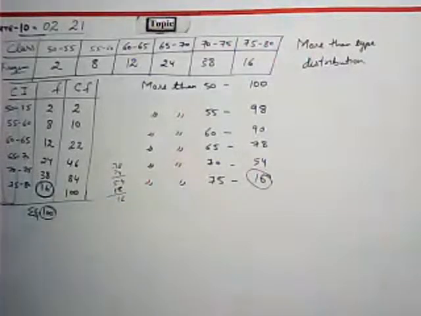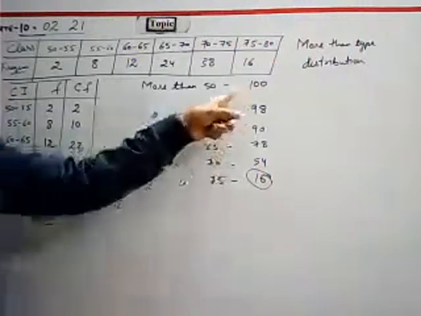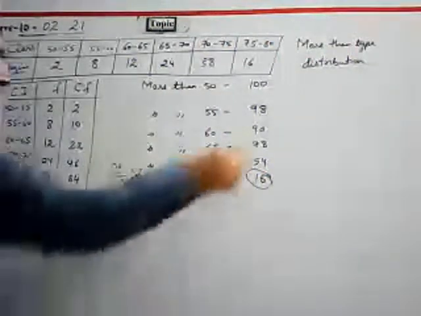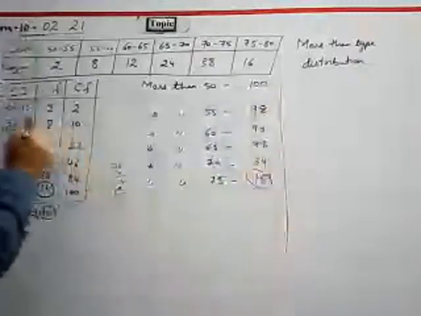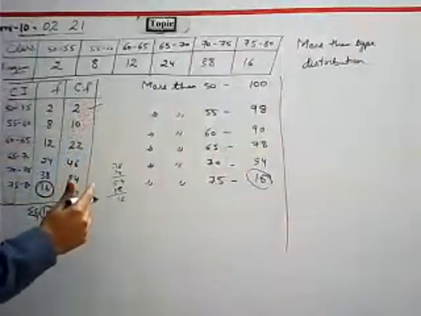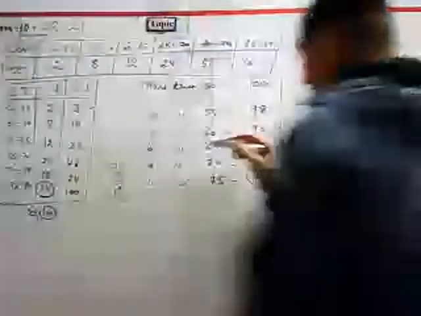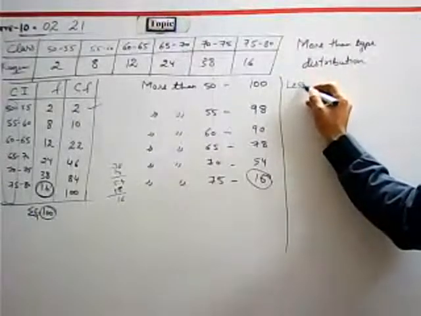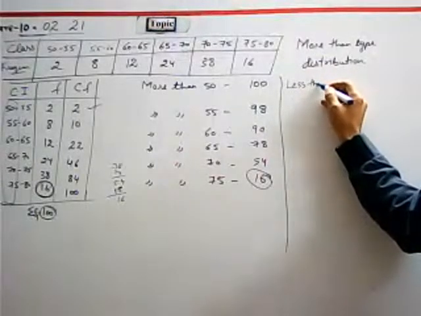Okay, more than type distribution, what we are doing, right? And if we have to write the less than type distribution, we will start here with less than.